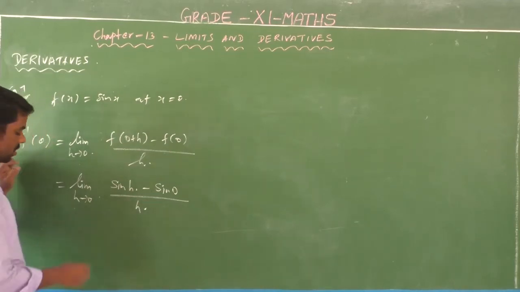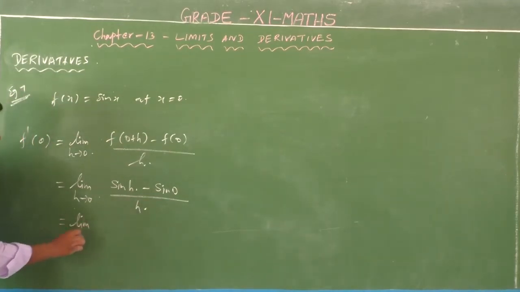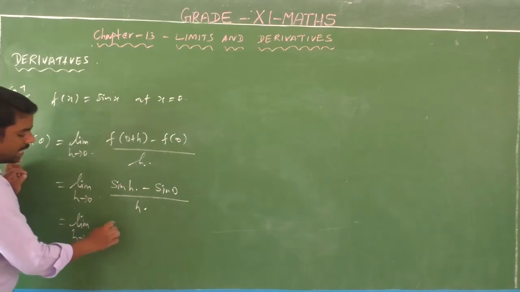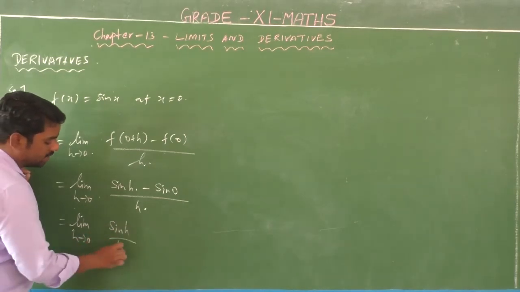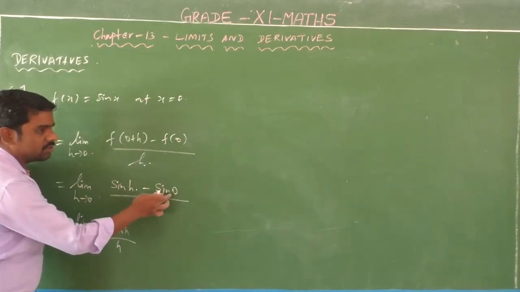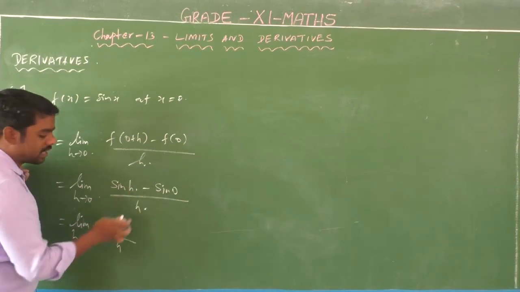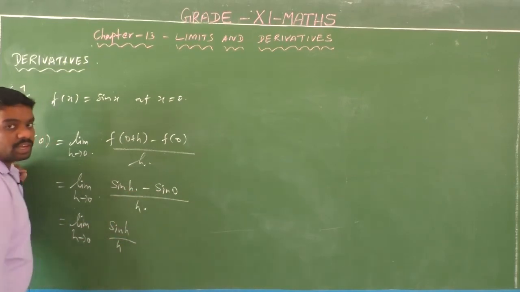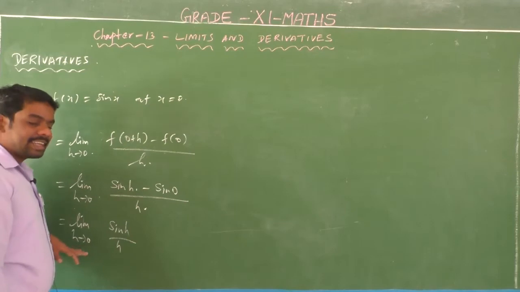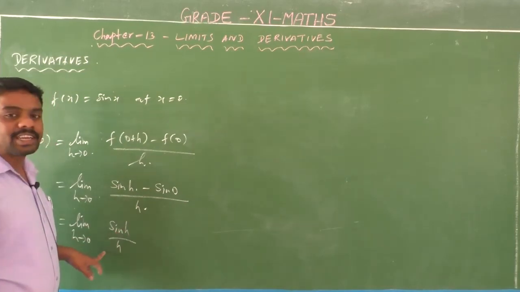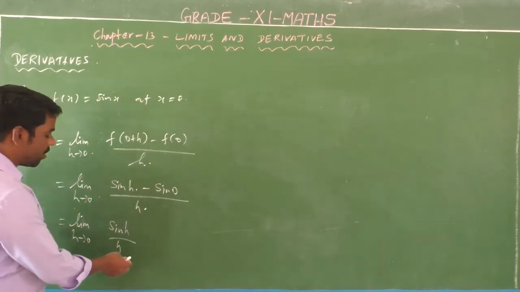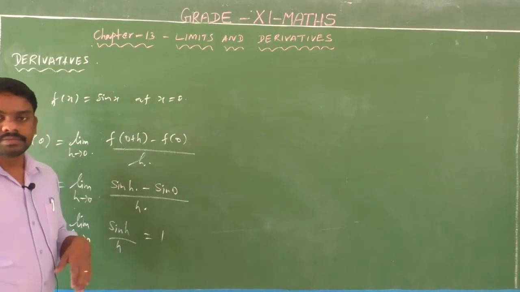Listen students, limit h tends to 0 of sin h by h minus sin 0 value 0. So sin h minus 0 is sin h by h. We know that limit x tends to 0 of sin x by x is equal to 1. It's the same format, so it is equal to 1.